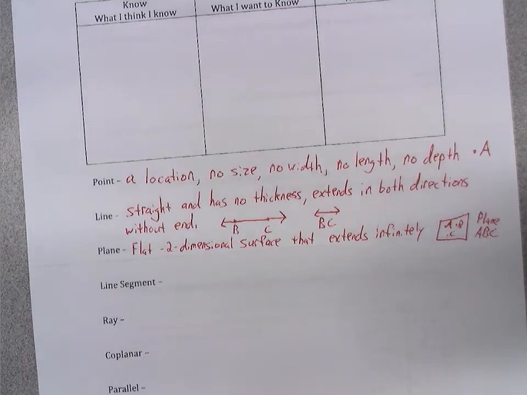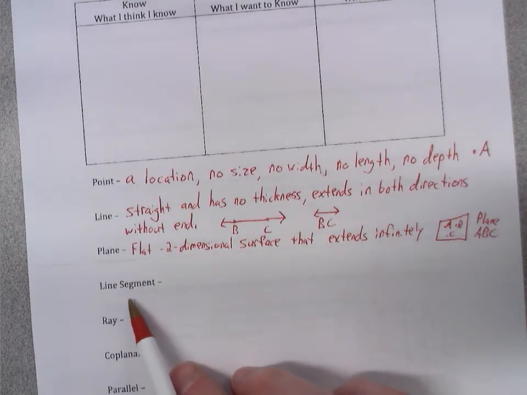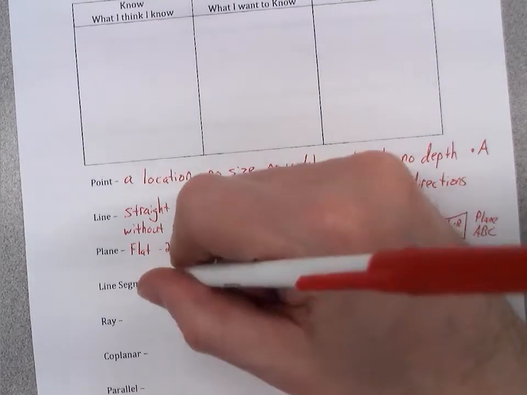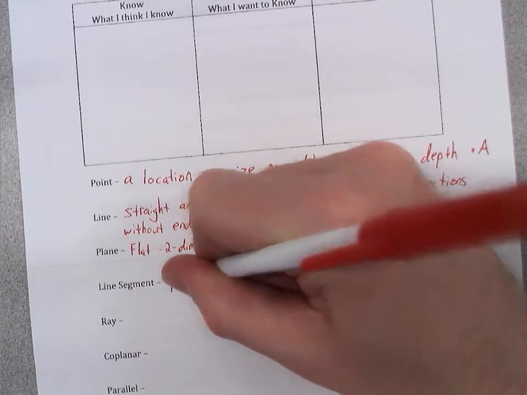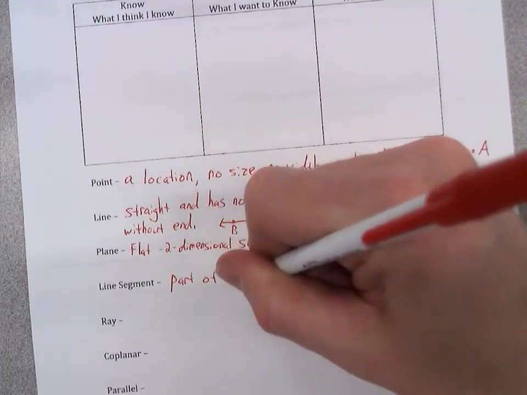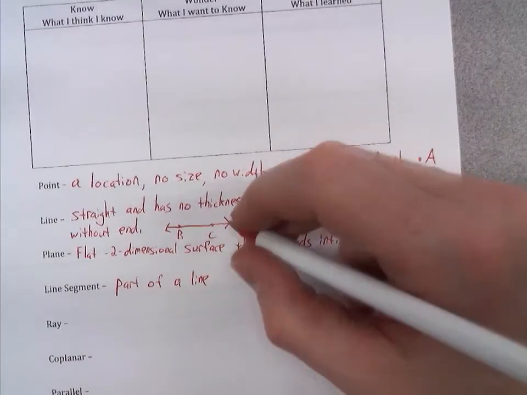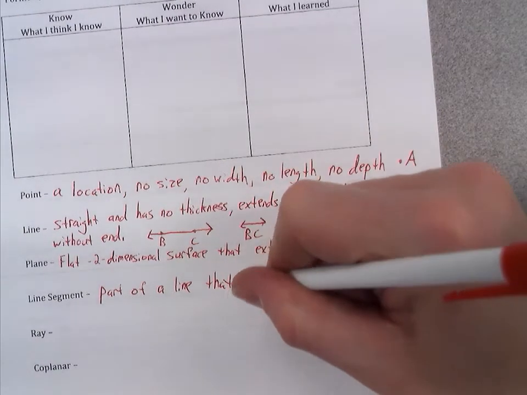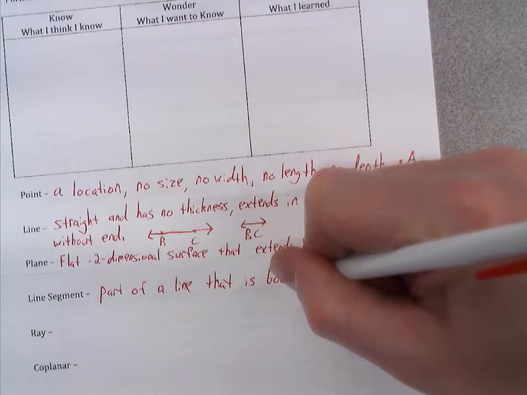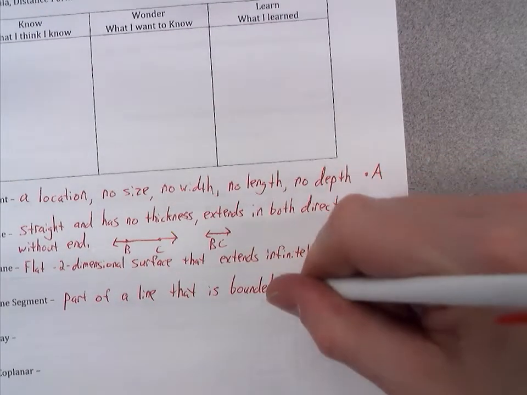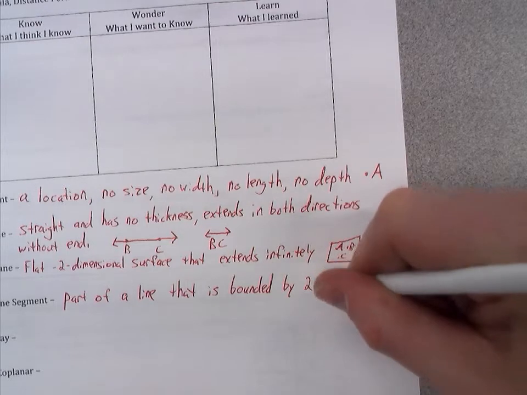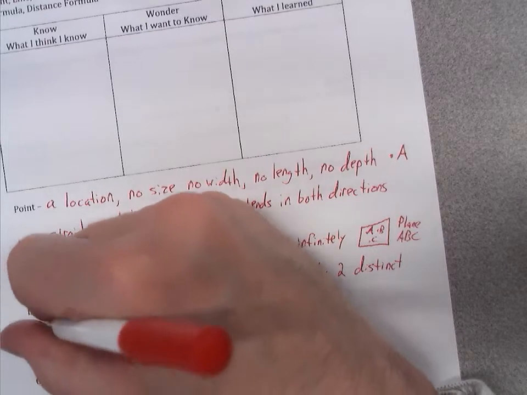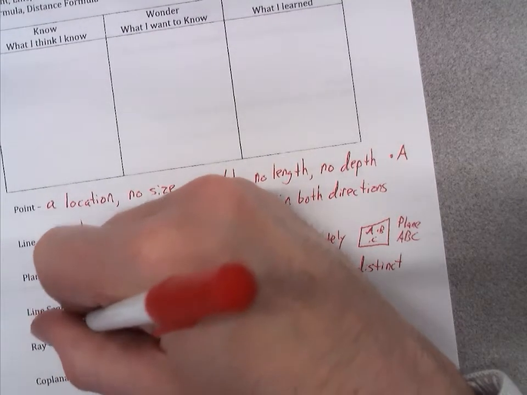All right. Next, we want to look at what a line segment is. Well, obviously, that's probably going to have something to do with a line, and it does. And a line segment is part of a line that is bounded by two distinct endpoints.